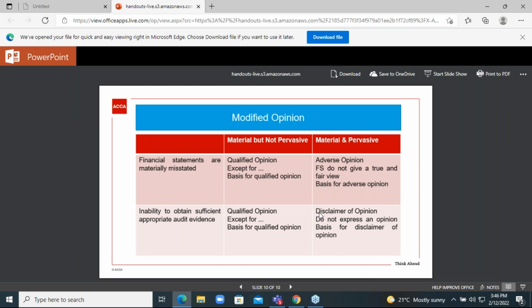And other thing is, when we have prepared financial statement on going concern and there is no going concern. So we are aware that accounting standards are applied when there is going concern. And if there is no going concern, assets are recorded at NRV and liabilities are understated. So these are the two misstatements.